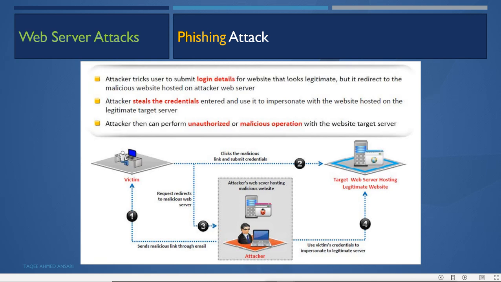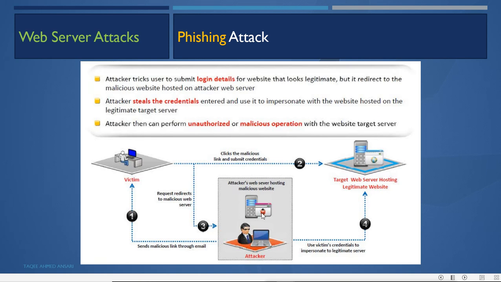So what does the attacker do? It will trick the user to visit the fake website first. Fake website means it looks like a legitimate site, but it is a fake site. And when the user gives its credential to that site, it will log all the credentials and redirect the user to the legitimate site. Now the victim will feel like something went wrong and the page is reloaded, but actually it has logged the information. Now what will the attacker do?